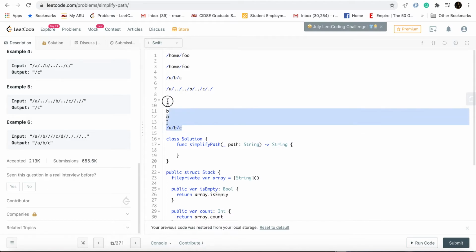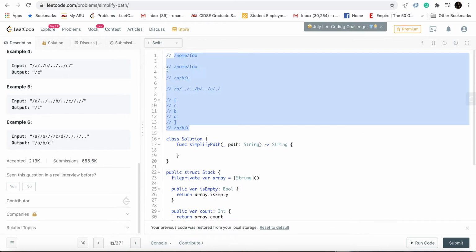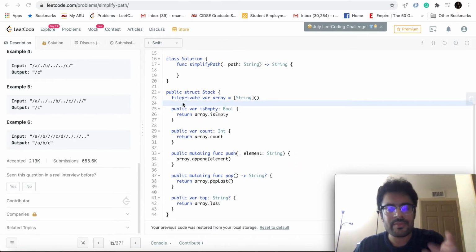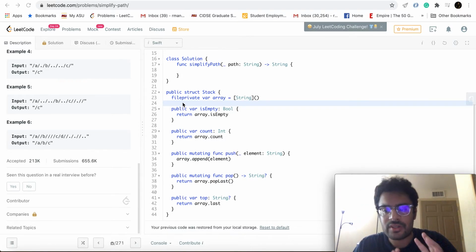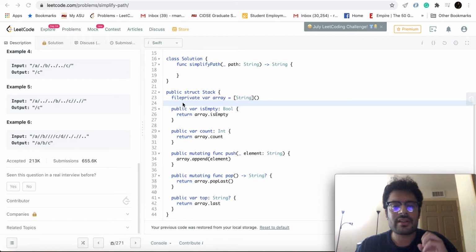Cool. I'll just comment this, scroll up. One thing, I use Swift. If you don't use Swift, don't worry, it's a very readable language. It's very easy to follow, and anyway I'll be explaining the code, so you're good. One of the caveats with Swift is that they don't have stacks. It's not a library data structure.